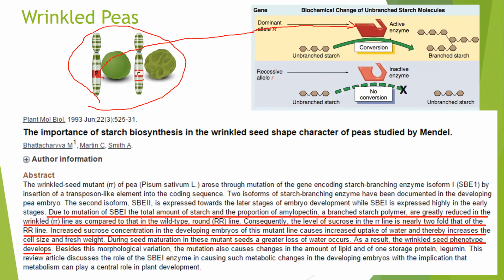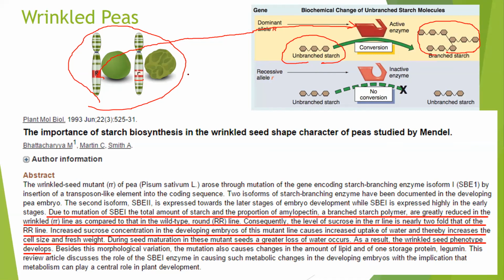The function of this active enzyme is to convert the unbranched starch into the branched starch. We knew the unbranched starch is sucrose, so it's sweet, but this starch is less sweet, right?